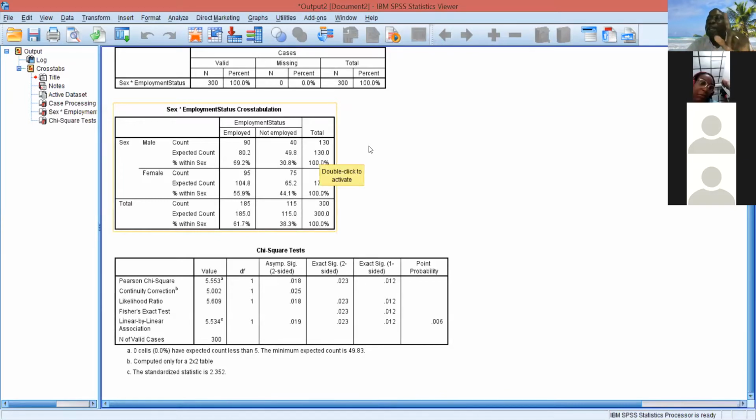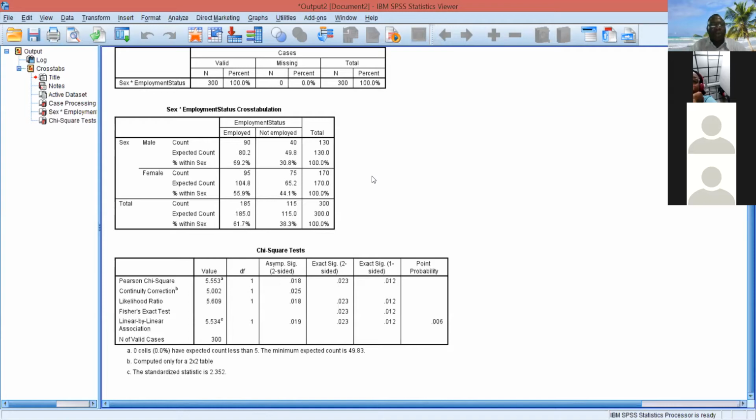If we didn't click expected, it will not give it to us. Even in an exam you don't need to enter it in your result; row total times column total will give you the expected value if you want to check. So you look at it.